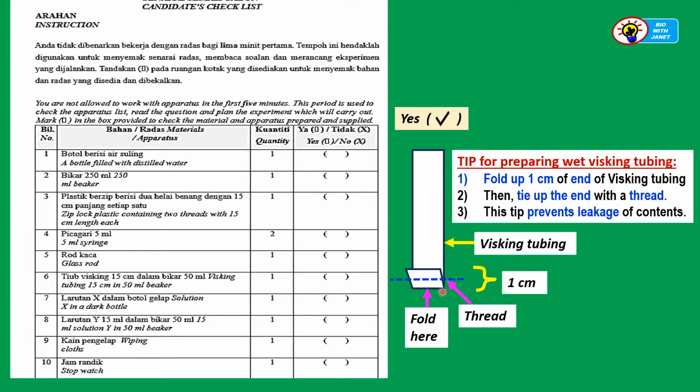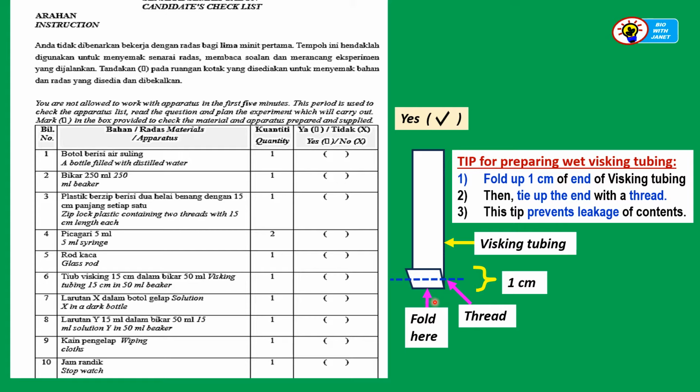First, fold up 1 cm of the end of the whisking tubing, and then tie this part with a thread below the end here. So that means you have folded the end up and then tied it up with a thread, and this will prevent the leakage of contents of the whisking tubing, rather than just tying the end without folding it.